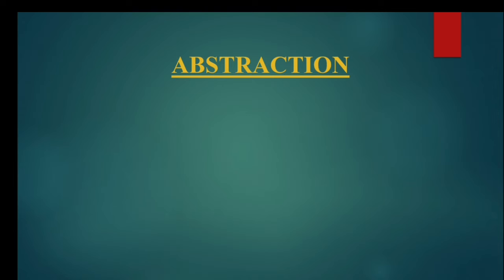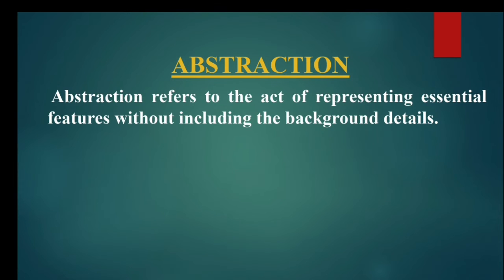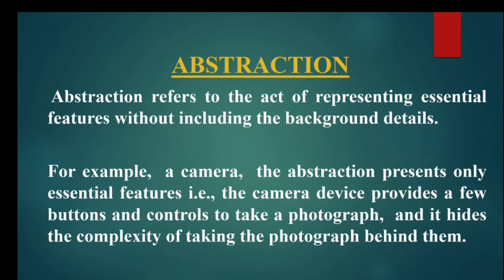What is an abstraction? Abstraction refers to the act of representing essential features without including the background details. Means, if we are using a camera, the abstraction represents only essential features.